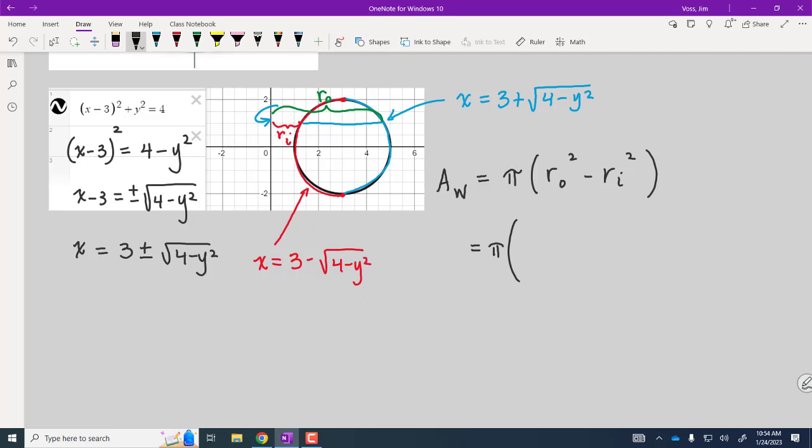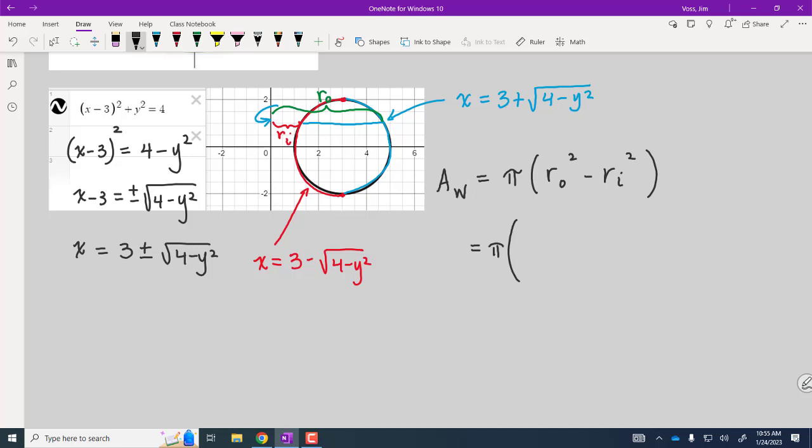The r outer is going to be the distance from the right semicircle to the axis of rotation. It's horizontal, so it's the right x minus the left x. Well, we're dealing with the y-axis, so the left x is 0, right? The y-axis, x equals 0. So the outer radius, right there, is just that function. That is the outer radius.